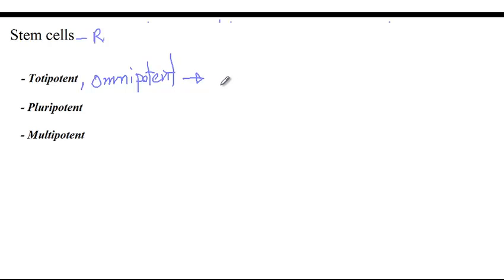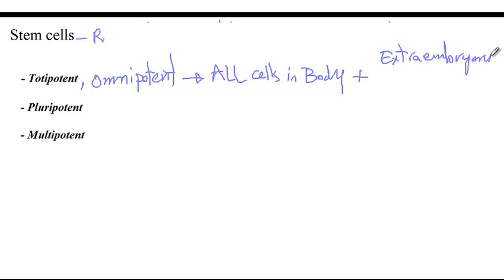So they give rise to all the cells in the body in addition to extraembryonic and placental cells.